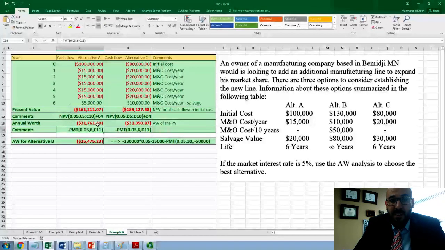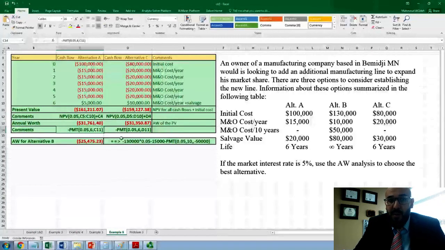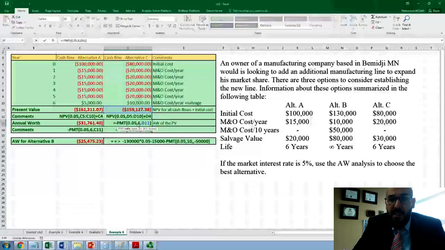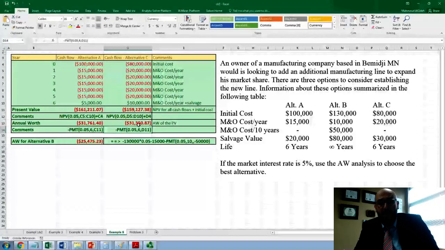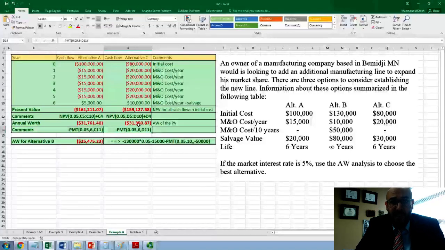That would give us 31,761. We use the same function for alternative C: PMT, 5%, 6 years, and the present value. So perfect. Now we have calculated the annual worth for alternatives A and C, which both last for 6 years.